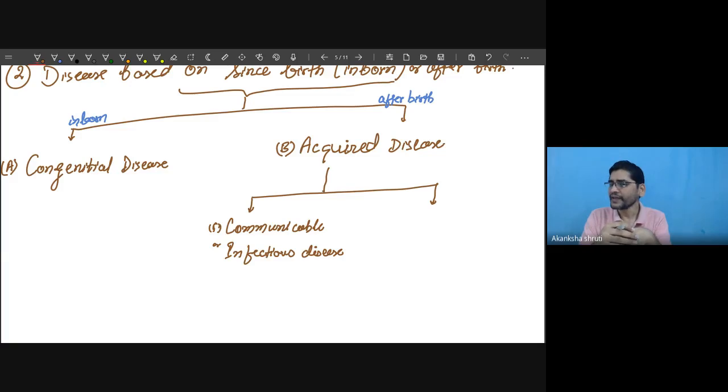But if our pancreas stops working, then diabetes occurs in any individual, and this occurs most commonly after the age of 35 or 40. So that kind of disease is not infectious, but it is also acquired.